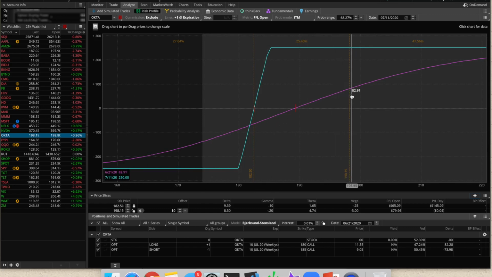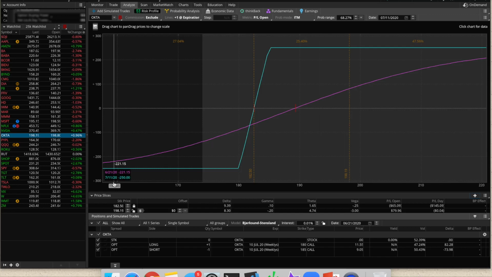Currently, at 198, let's hover over this point, it's showing that I'm only making $80 profit right now, although the price is way beyond 185. 185 is here, 198 is here, so way beyond that, but I'm only making $80. And as explained earlier, the reason is the extrinsic value of the options is canceling out the profit. The extrinsic value, the time value, needs to drain out for the intrinsic value to bring out the actual profit.